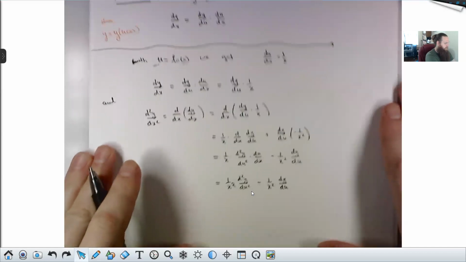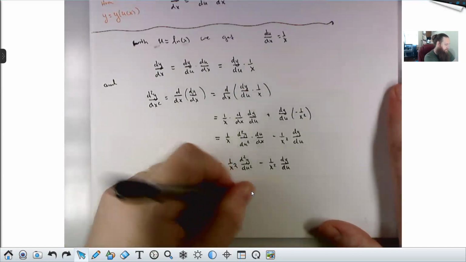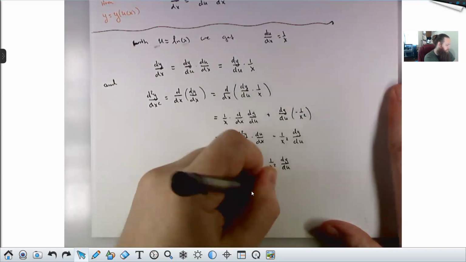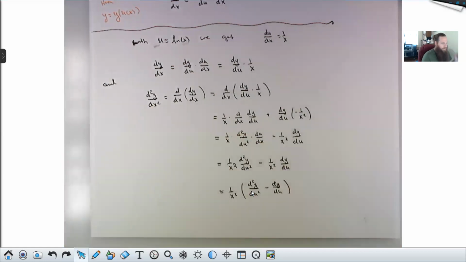And we can factor the 1 over x squared out. And you get d2y/du squared minus dy/du. What this does is it gives me the second derivative of y with respect to x, the thing we normally just call y double prime, in terms of the second and first derivative of y with respect to the new variable u. And of course, I have dy/dx itself in terms of dy/du.